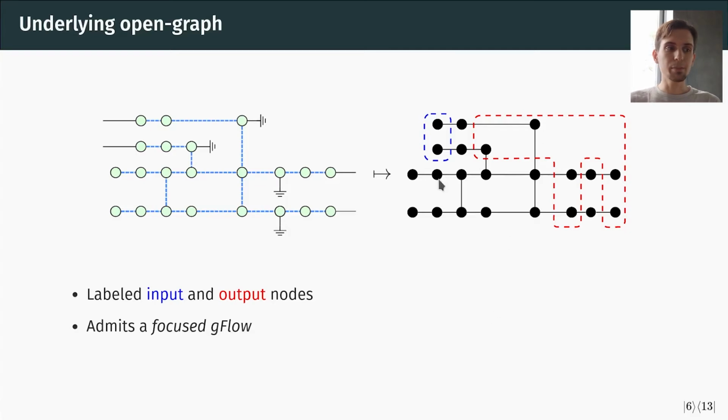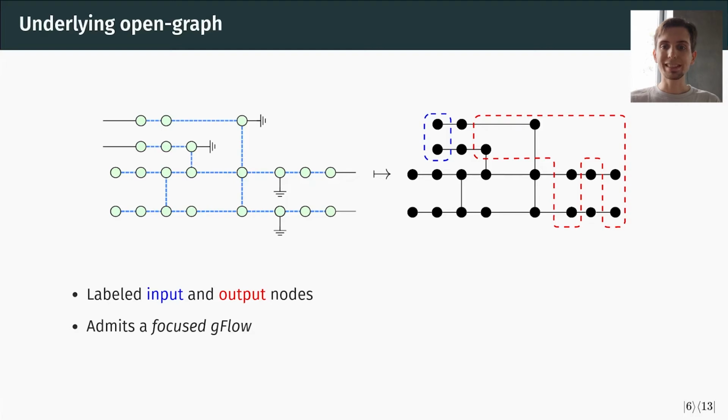That is a simple graph where we have a set of input and output nodes. Here we mark the grounded spiders as outputs of the open graph because they represent some discarding of information into the environment.